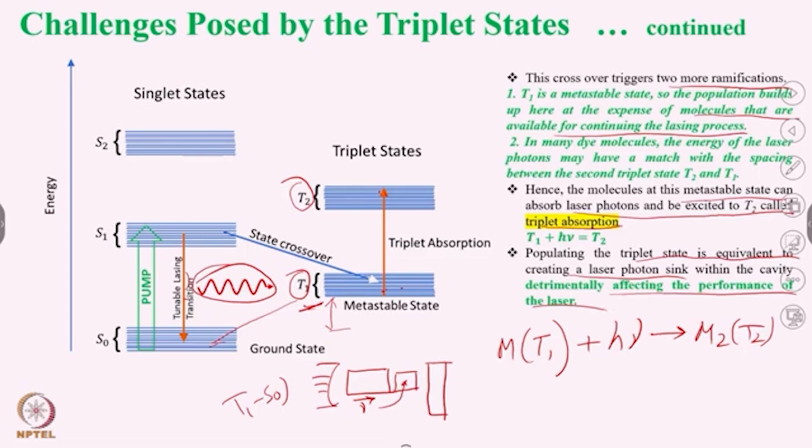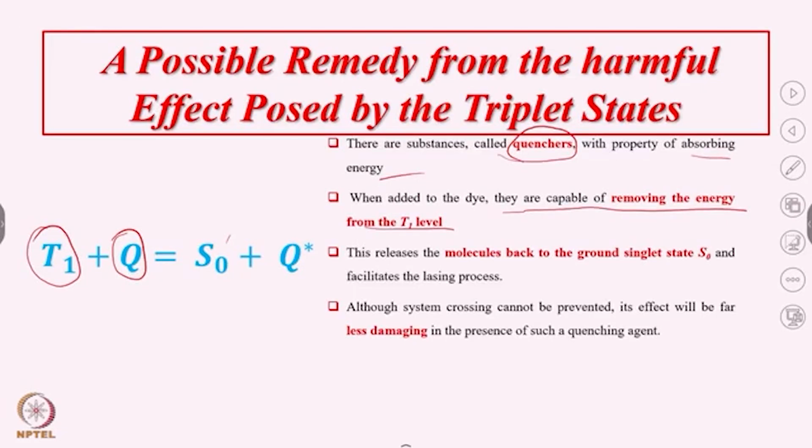And that energy, quencher takes and it gets energetically excited. So this releases the molecule back to the ground state S0 and facilitates the lasing process because the molecule is now available to continue the process of lasing because of the quencher.